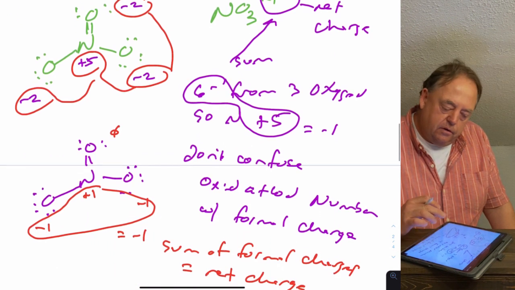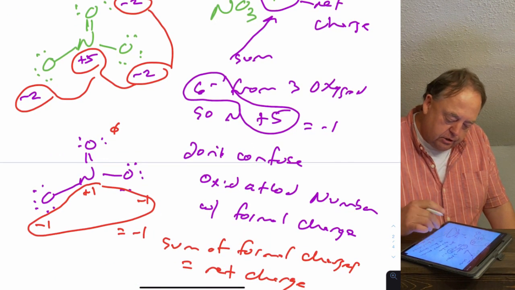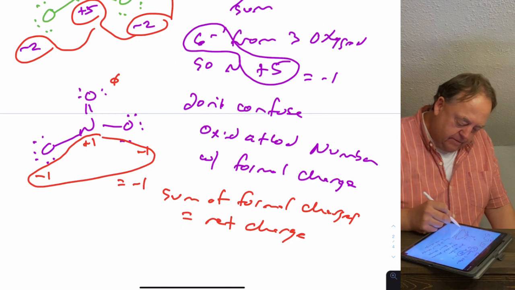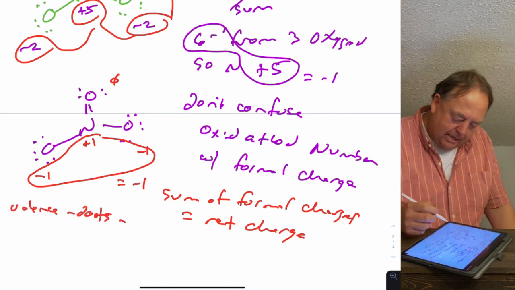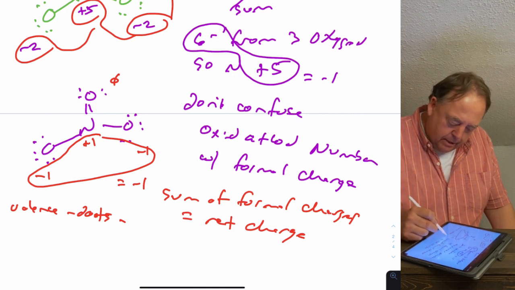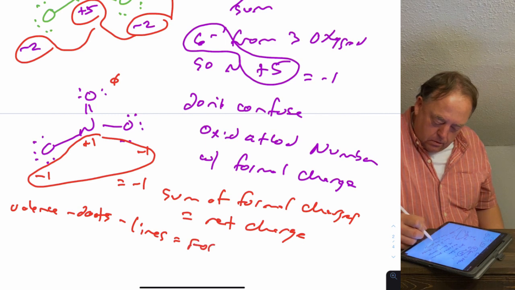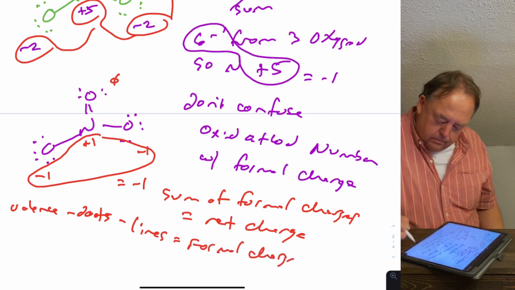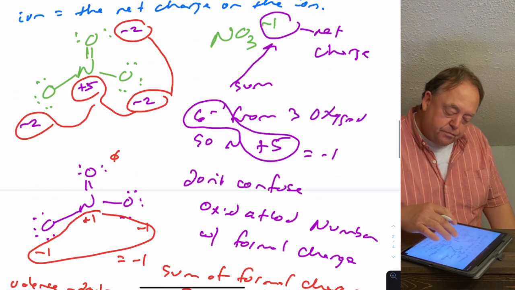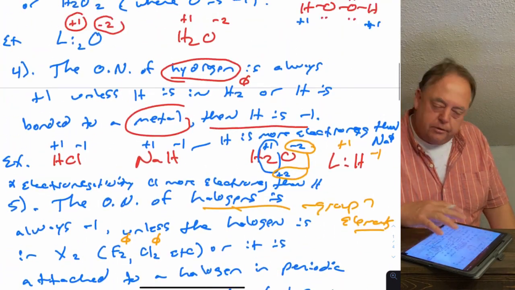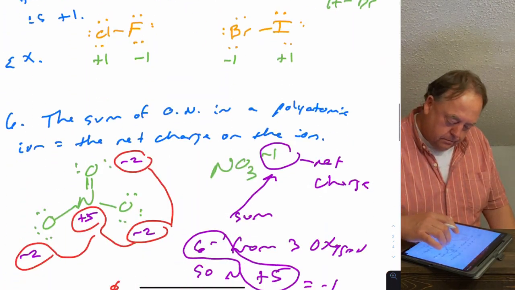But they're two totally different concepts, right? Formal charge is valence minus dots, the non-bonded electrons, minus lines, whereas oxidation number is based on these rules that you just have to know.